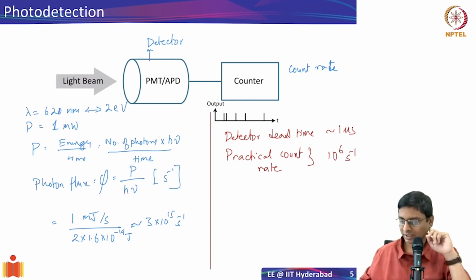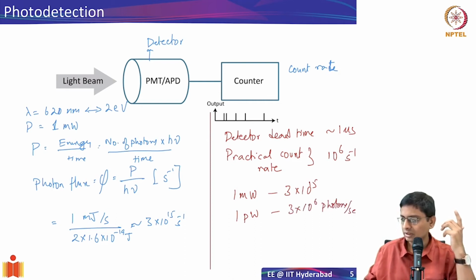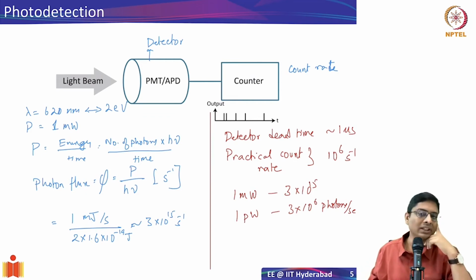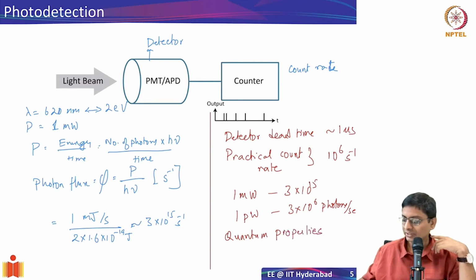So 1 milliwatt at that wavelength has 3 into 10 power 15 photons per second. If you want to reduce it to practical limits, I'll have to go to something like 1 picowatt. That will give me 3 into 10 power 6 photons per second. So this tells us that if you want to study the quantum properties of light, we have to work with extremely low intensities.